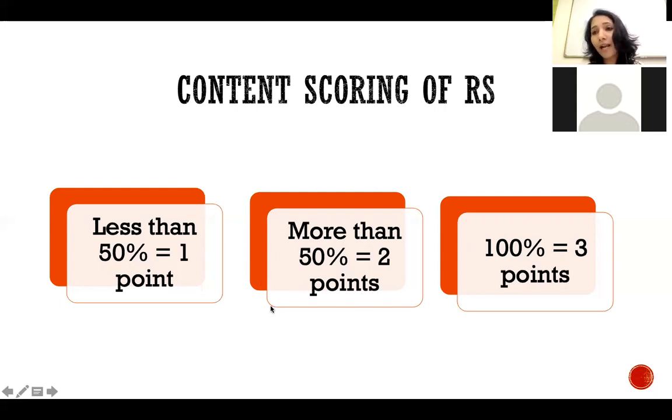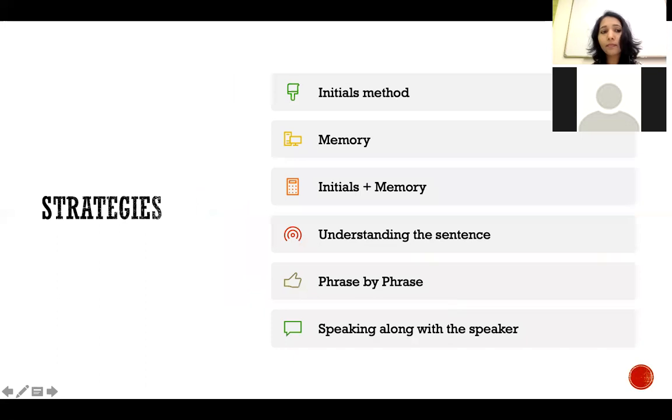And if you repeat 50% of the content or less, you'll get 1 point for your content, which is transferred towards your listening. So there are 3 factors for which you're scored in your speaking: content, fluency, pronunciation. Content answers the question, what to speak, and this is how you're marked for your content.